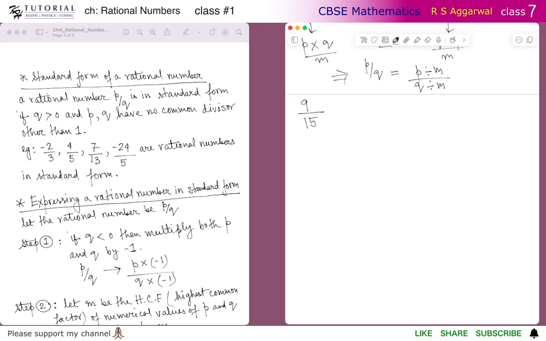I hope you know how to find the LCM and HCF of two integers. The HCF means the highest common factor, the highest factor that divides both the numbers.